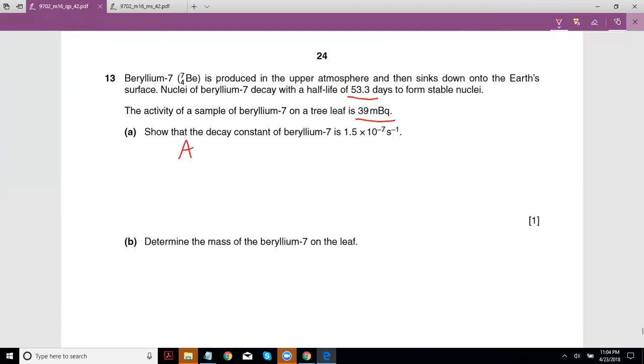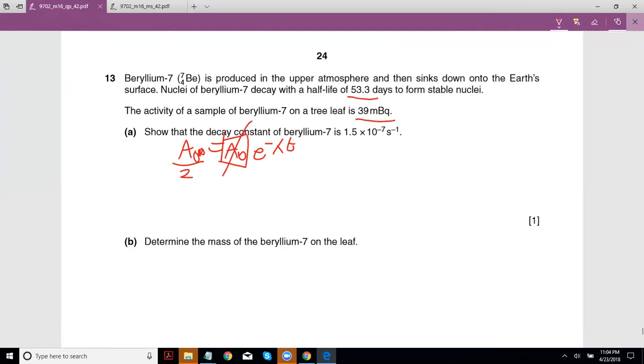To link activity with half-life, decay constant and T: this is your initial activity, and we want the time it takes to become half. So initial activity half, that's what you want to find out.